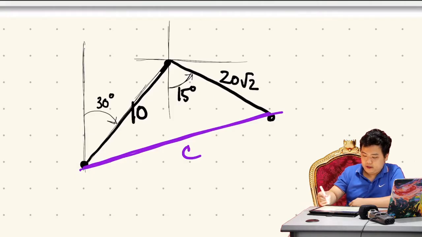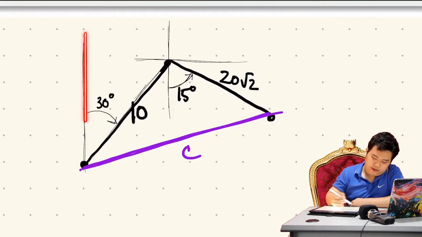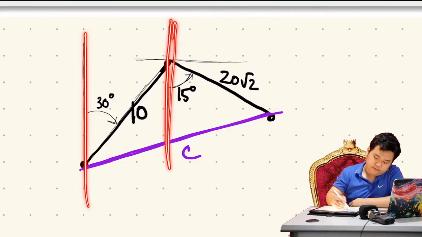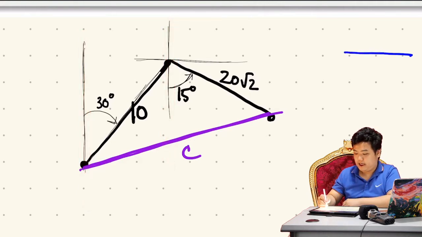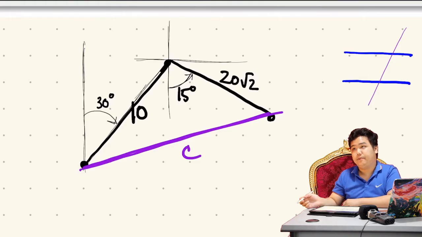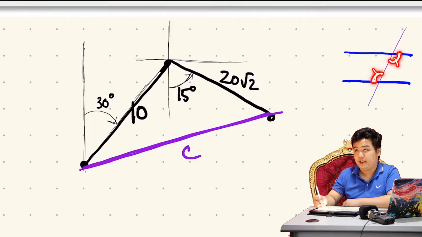So, what can you observe about these two lines? These two lines are vertical lines. So, parallel yan. At ano yung property ng parallel line? So, let's say these are two parallel lines. At let's say, nagpadaan ka ng line doon, intersecting the two lines. Okay? So, yung alternate interior angles are congruent. So, these are the alternate interior angles. So, these two are congruent.